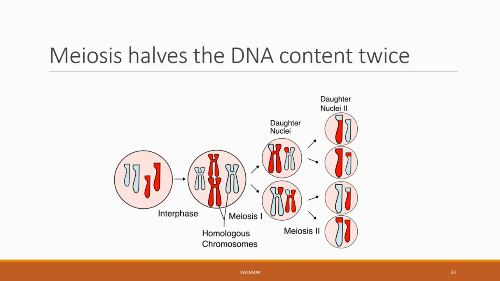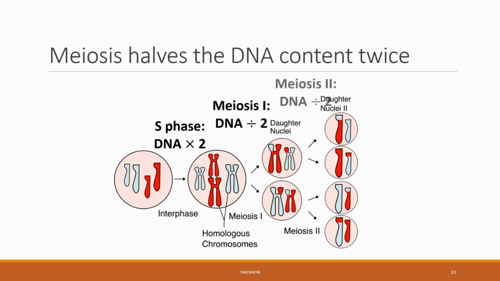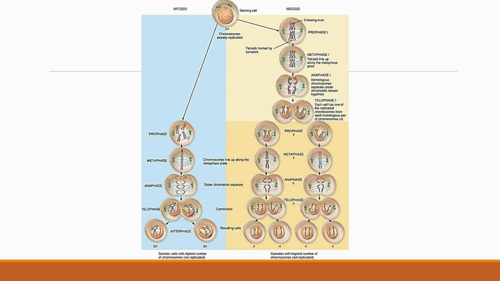Finally, after meiosis II, how many cells are there, and what is the state of the chromosomes? There are 4 cells, and each cell has a single copy of each chromosome, and the sister chromatids have been separated into their own cells. And this slide right here kind of captures everything all together.